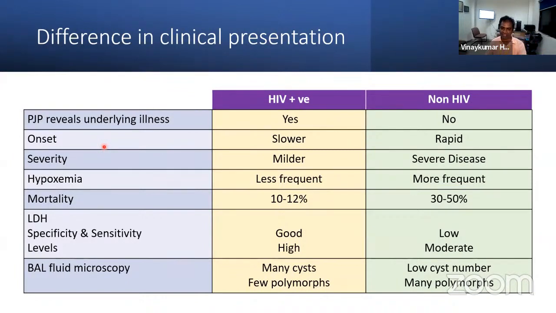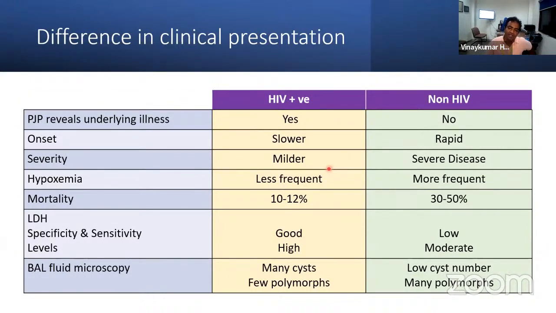Patients with HIV tend to present with a gradual onset cough, fever, and dyspnea compared to patients without HIV who present with a rapid onset pneumocystis pneumonia. Again, the illness is relatively milder in patients with HIV compared to patients without HIV.